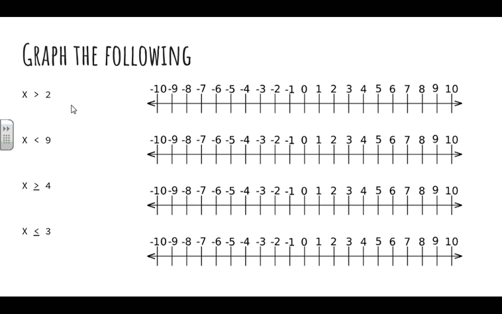x is greater than 2. So we circle 2. It's going to be an open circle, and we're going to shade to the right. So that's what our graph will look like. x is less than 9. So we circle 9. It's an open circle, and we're going to shade to the left since x is going to be less than 9. x is greater than or equal to 4.